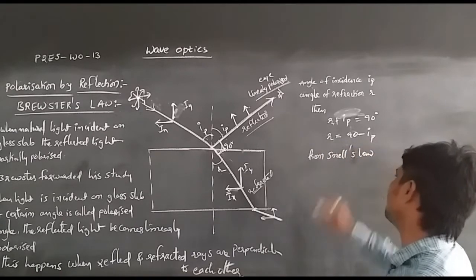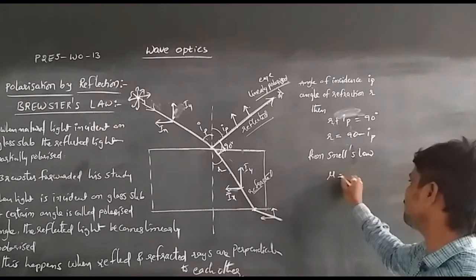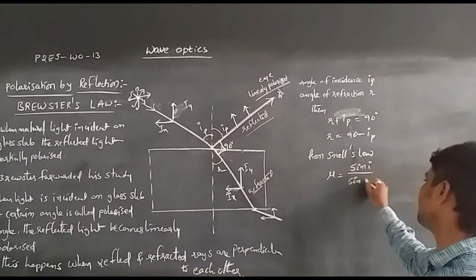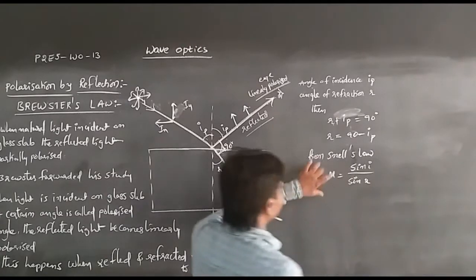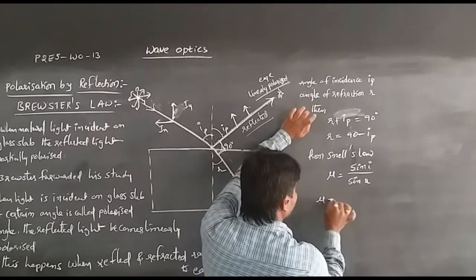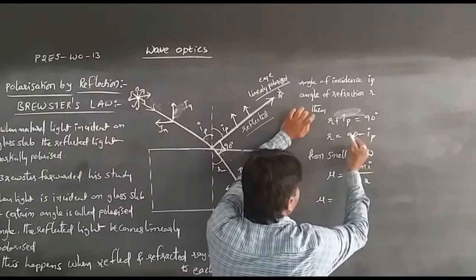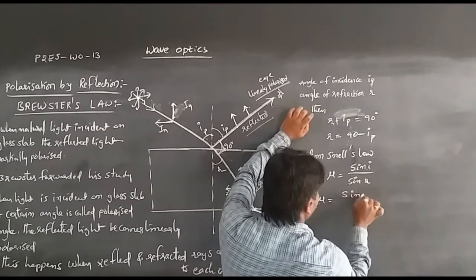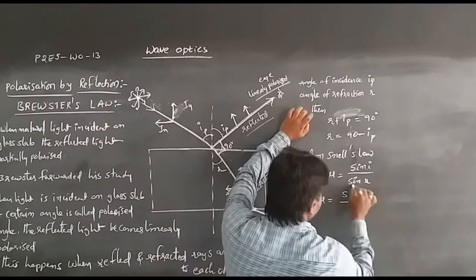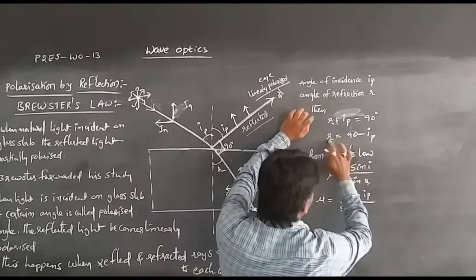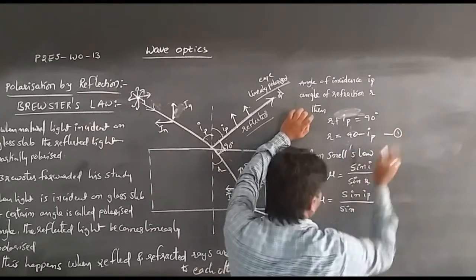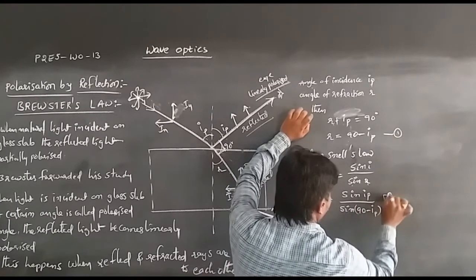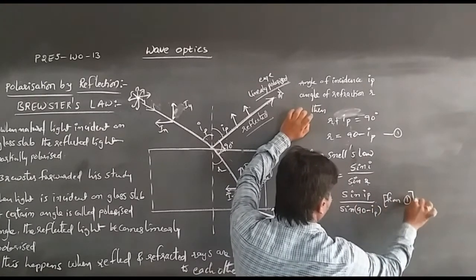from Snell's law, the refractive index mu is equal to sine of the incidence angle by sine of the refracted angle. Substituting, mu is equal to sine IP by sine R, where R is 90 minus IP, from equation 1.